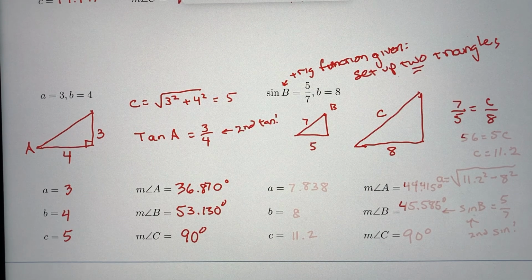Cross multiply, and we get what side C is. I think that's 11.2. B is already 8, and you get A with the Pythag theorem.